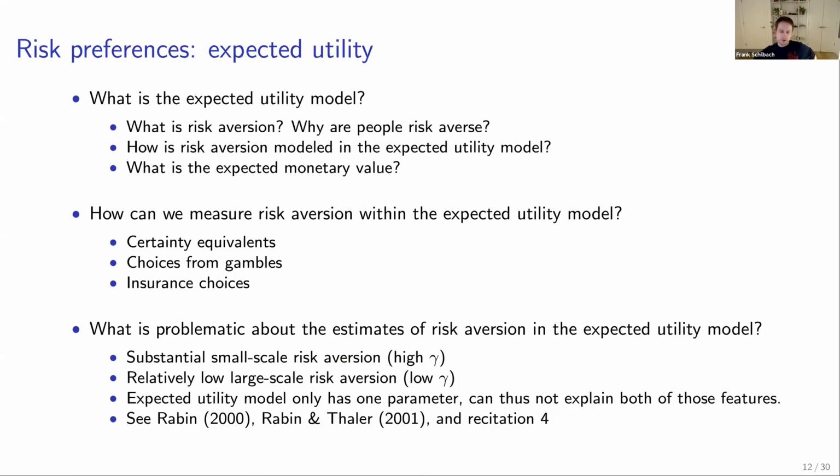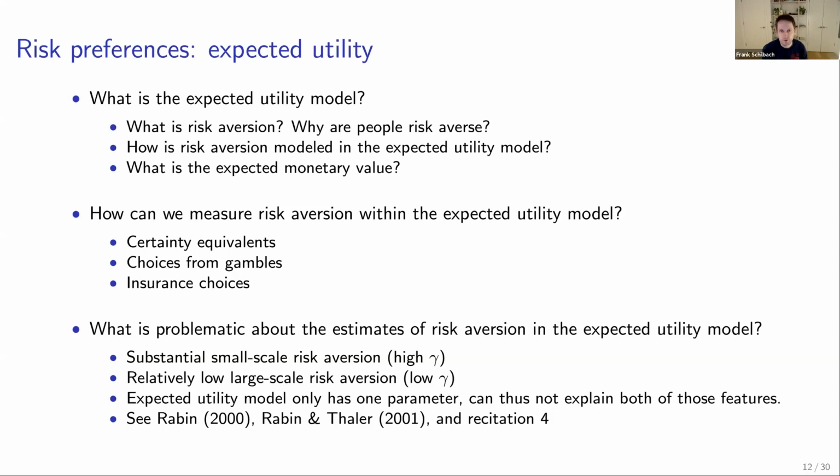People leave the house every day and engage in quite a few risks. In the long run, they hold stocks and so on. That must mean that using long-run choices implies a relatively low gamma. Now, since the expected utility model only has one parameter, it cannot explain both of those features, and it always has trouble.